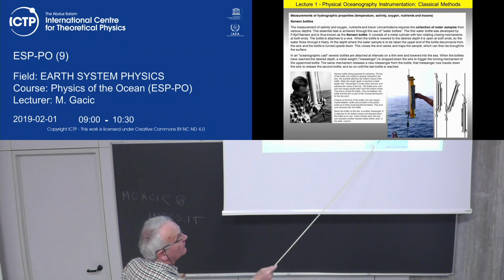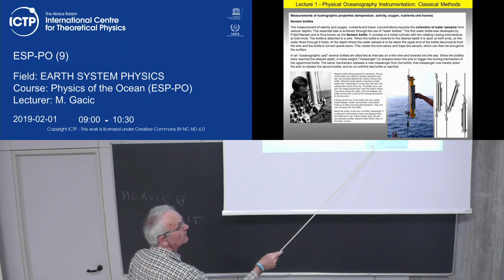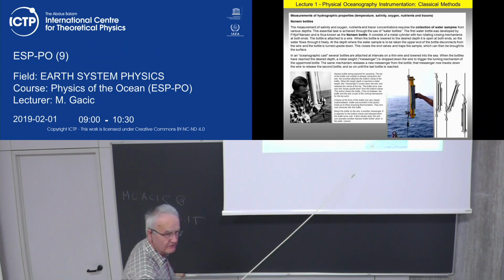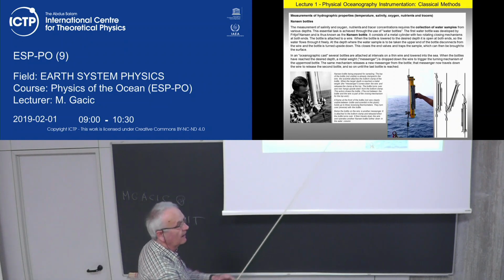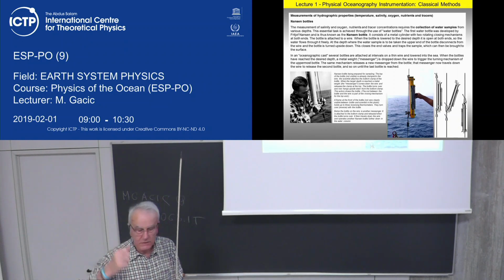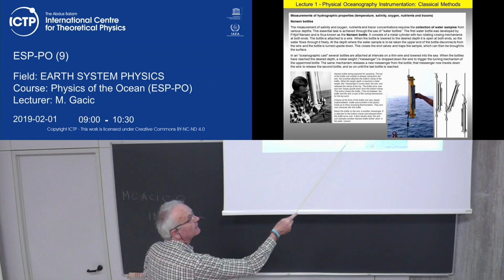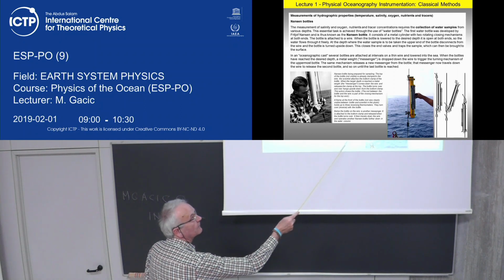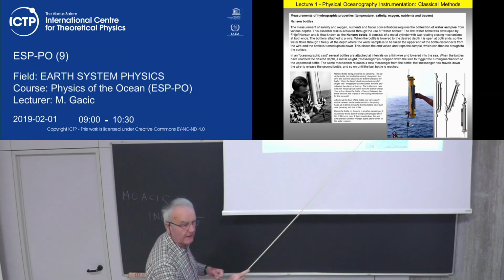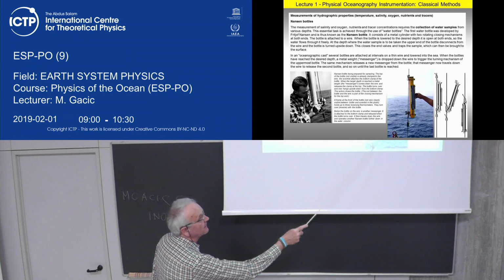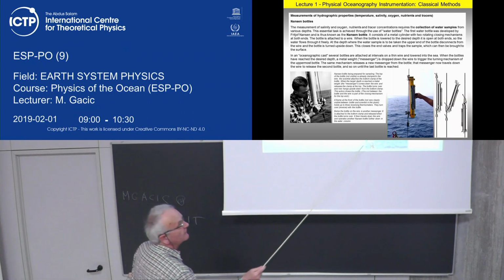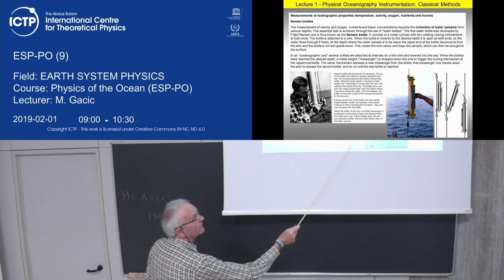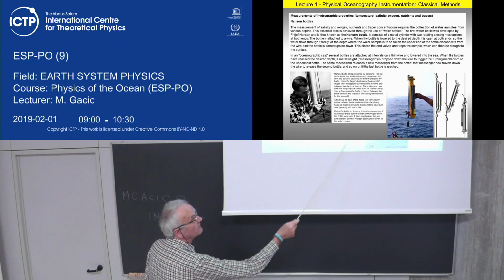And what you need is this what is called a messenger. You have to send from the surface, along the cable, a weight which extracts this first part, and then all this thing is reversed, and by that, not only is the thermometer reversed, but also this Nansen bottle is open.